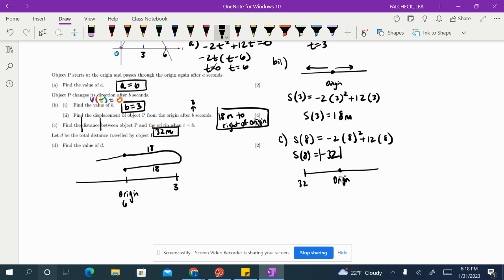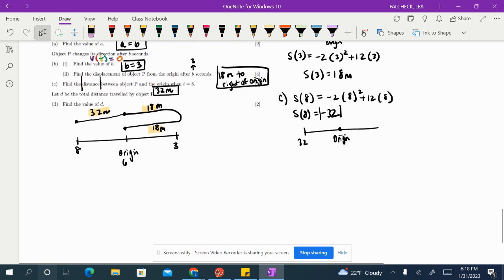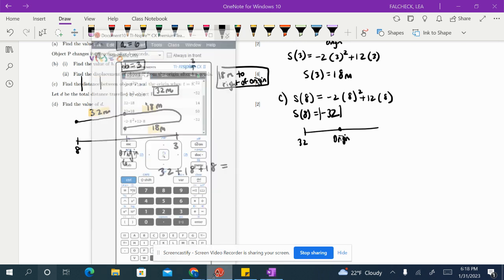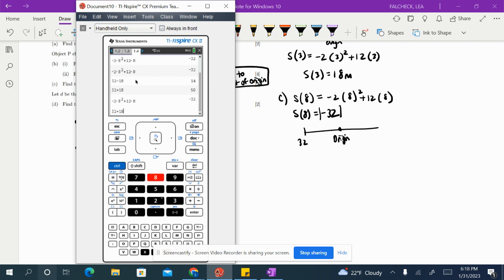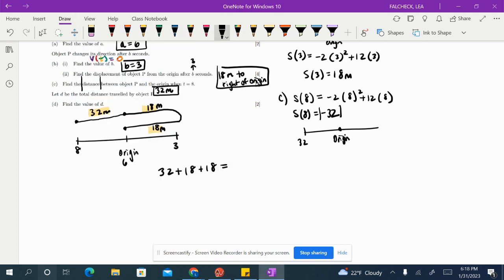So he kept going 32 meters until he got to 8 seconds. If you took all of these and added them together, that would be the total distance traveled. So we've got 32 plus 18 plus 18, and you would get 68. 68 meters is the total distance traveled.